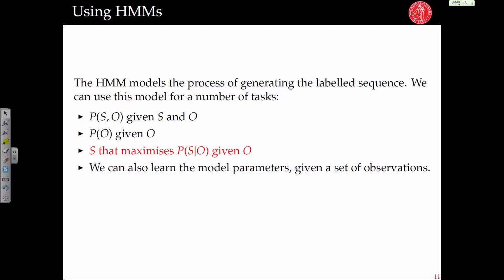So we learn the parameters, and we then can look for solutions for these problems. As I said, our observations will be words, so sometimes we'll be using W_i instead of O. Big W would be a sequence of words, and this corresponds to our observations, to the O. And our states would be the parts of speech, and then we will be using T.